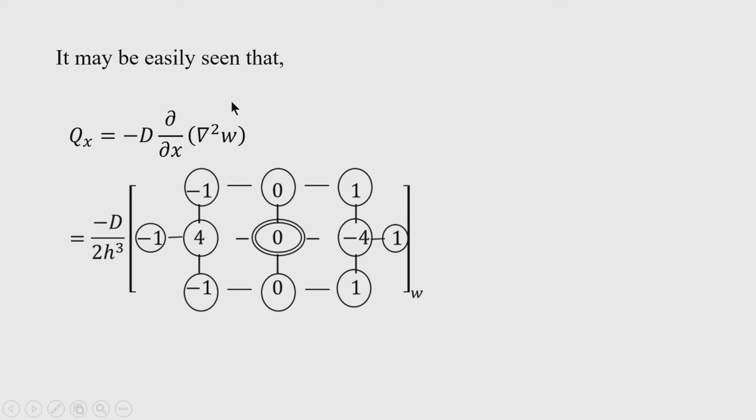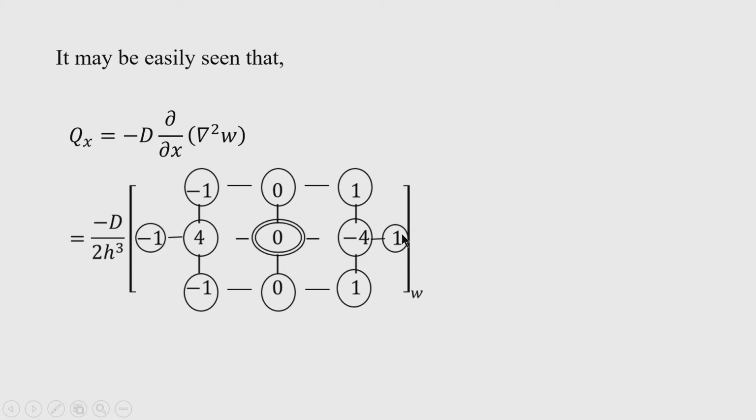When we operate this del by del x with the Laplacian operator, del square w, we get this stencil for q x. So, q x is now minus D by 2 h cube, and in the horizontal line centrally you get minus 1 4 0 minus 4 1, minus 1 plus 4 0 minus 4 1, and you can note here that the values are antisymmetric.